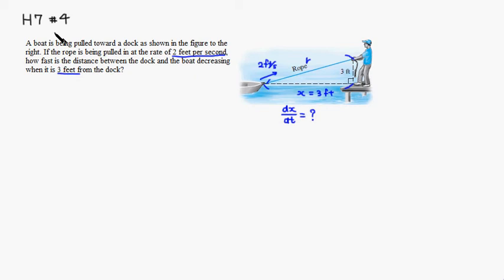What we want to do is set up an equation using geometry, probably involving x and r. There's conveniently a right triangle here, so let's use the Pythagorean theorem. Maybe I'll write that down.